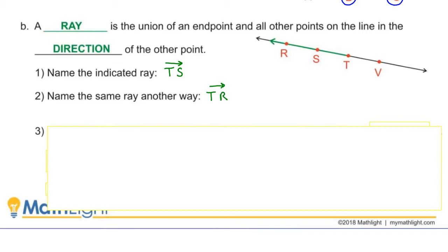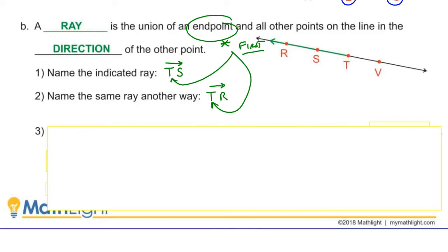They are the same. So it's the same ray, ray TR. Ray TS, ray TR, the same ray, but please understand that the endpoint has to be listed first. You have to list the endpoint first if you're going to get the notation of a ray correct.